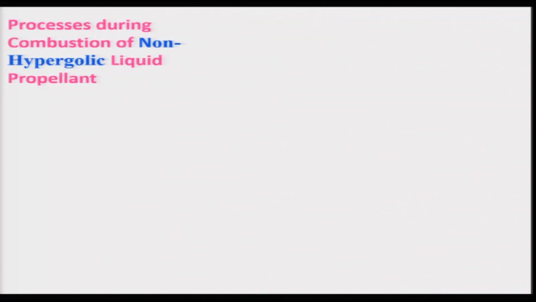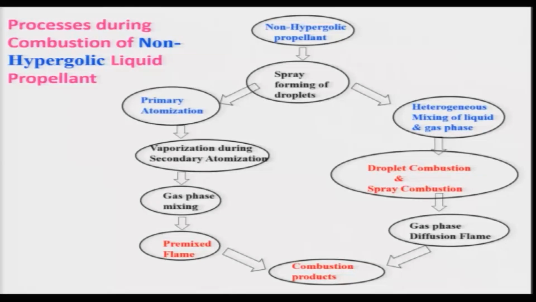what processes occur during the combustion of non-hypergolic liquid propellant. Most of the things I have discussed, but to make it clearer and understand it better, let us look at it a little bit again, such that it can seep into your mind.